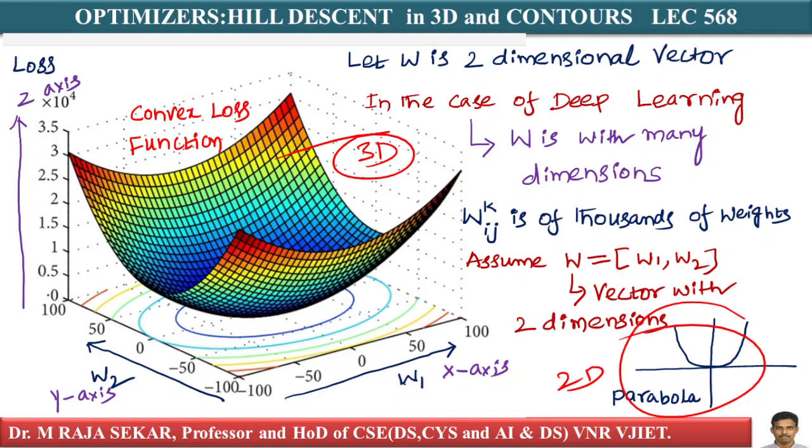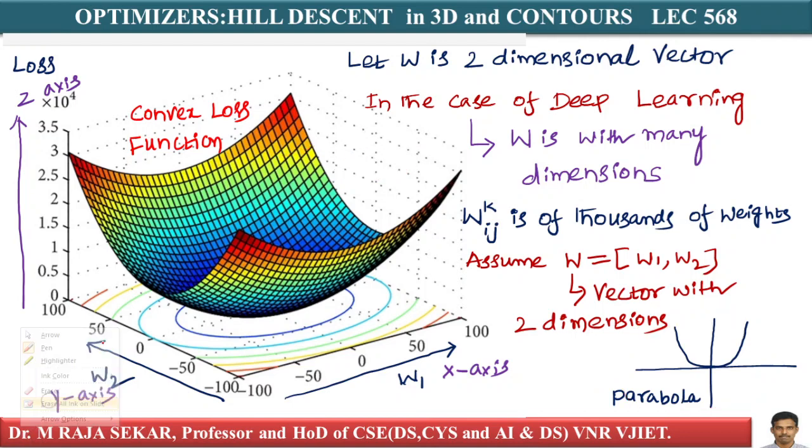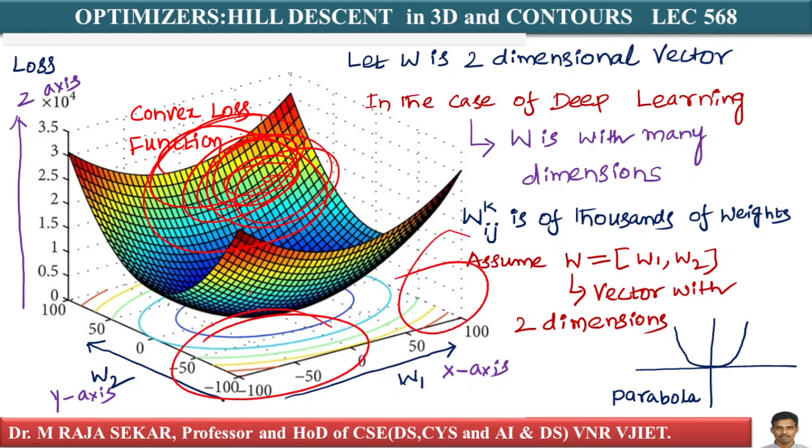Everything above this curve, everything inside this, is one region, and everything below or outside is another region. That's what we discussed even for the parabola, isn't it?